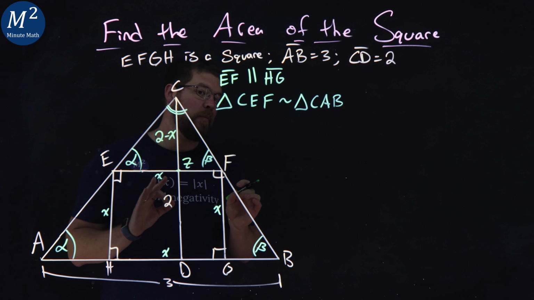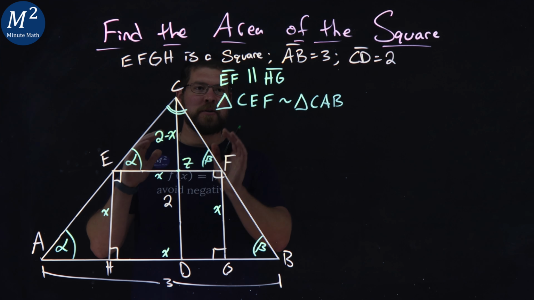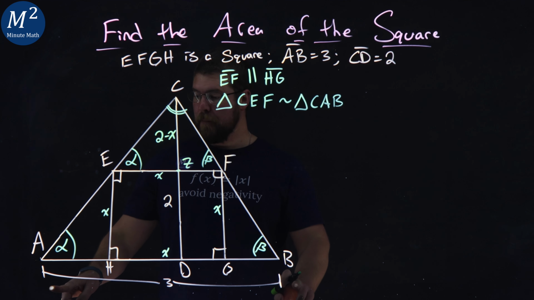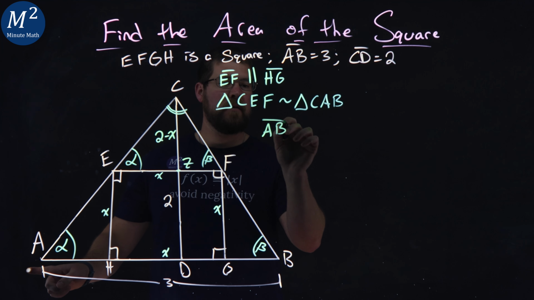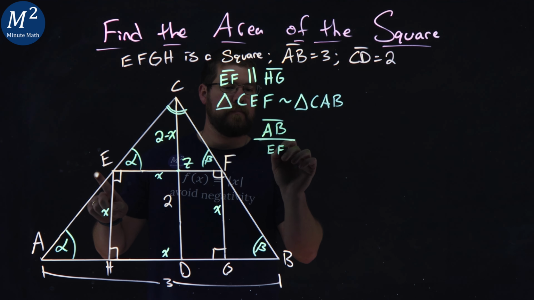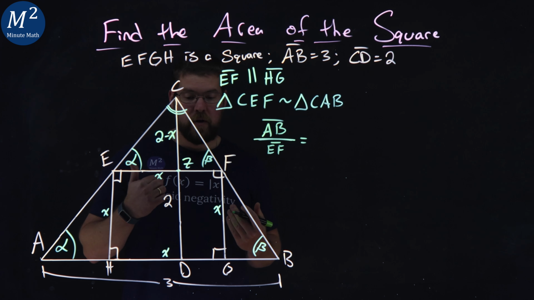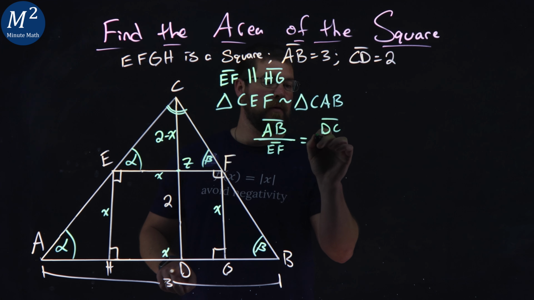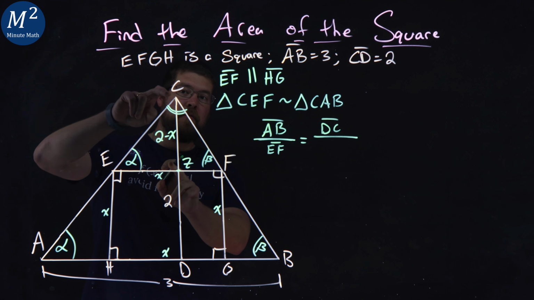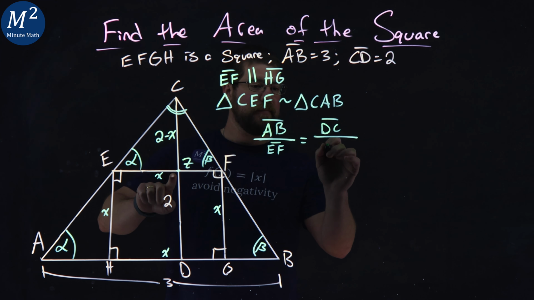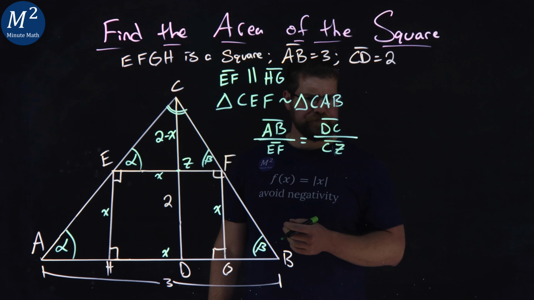And I believe we now have enough information with similar triangles to make a proportion. We can say that AB over the length of EF is equal to the large height DC over the height of the smaller triangle, which is CZ.